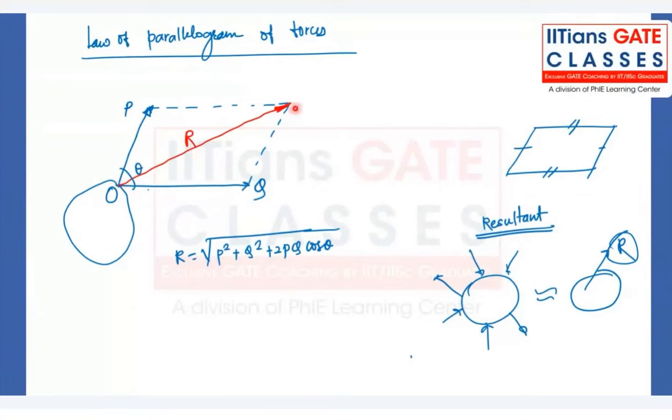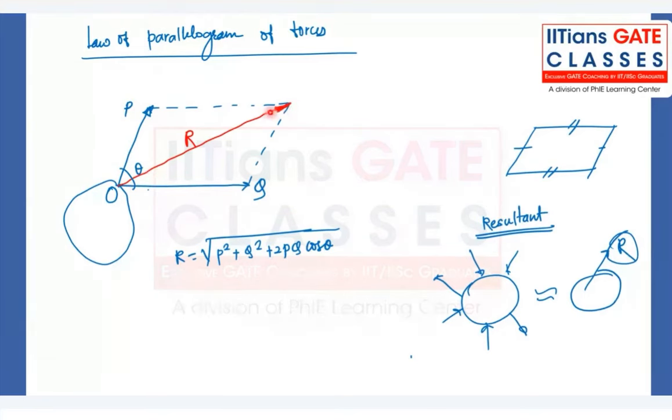I'll repeat the statement: if two forces acting simultaneously at point O on the body are represented in magnitude and direction by two adjacent sides of a parallelogram, then the resultant R is represented in magnitude and direction by the diagonal of the parallelogram.